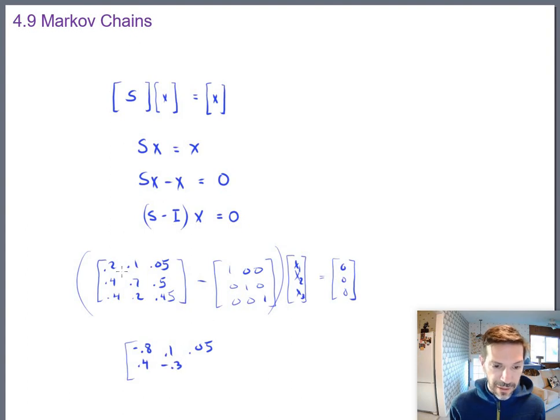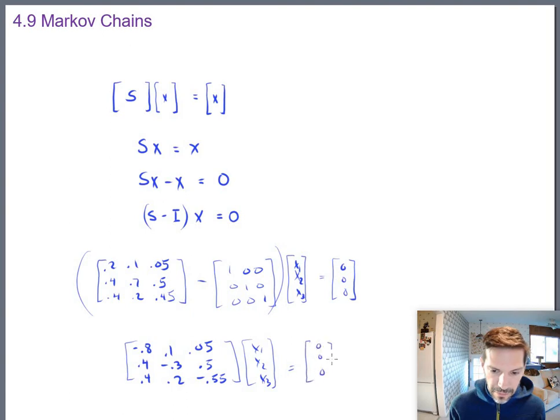So basically we're just subtracting 1 off the main diagonal here. 0.5, 0.4, 0.2, negative 0.55, times the unknown steady state vector equals 0, 0, 0. This is what we're trying to solve.